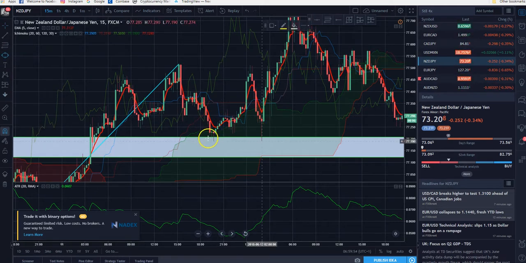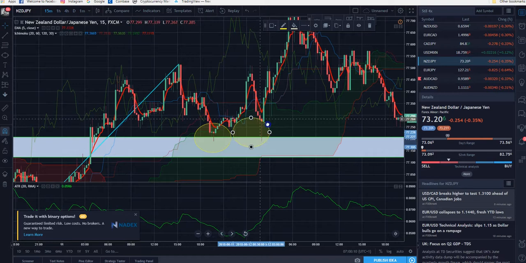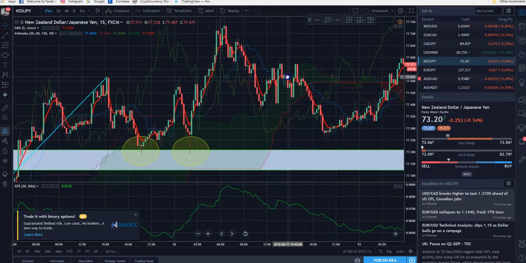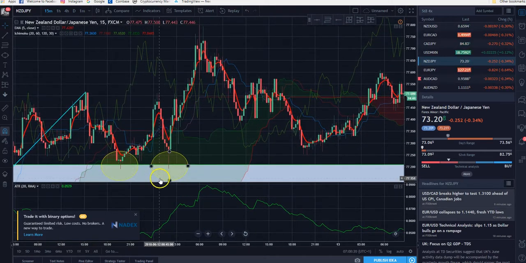Let me make that just a little bit bigger there. Came here, gave it a kiss, and it came here, gave it a kiss. There were 2 opportunities to enter the trade. 2 smooth opportunities for no drawdown.